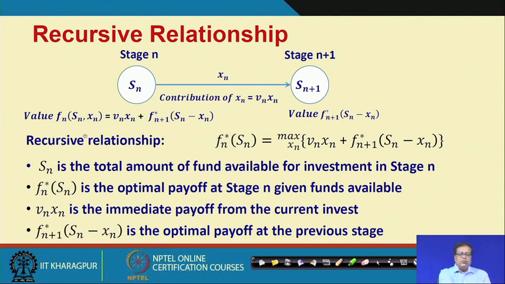The value of f n of S n, x n will be V n x n plus f n plus 1 star of S n minus x n, and the optimal value should be the maximum of this expression over x n, where S n is the total amount of fund for investment, f n star is the optimal payoff at stage n, V n x n is the immediate payoff from the current investment, and f n plus 1 star of S n minus x n is the optimal payoff from the remaining stages.